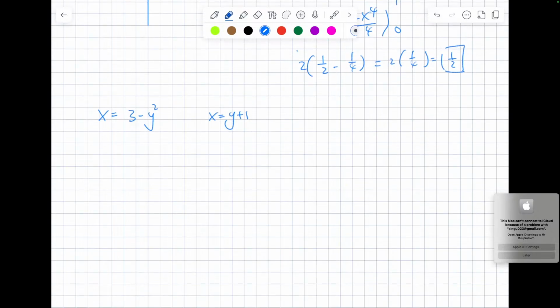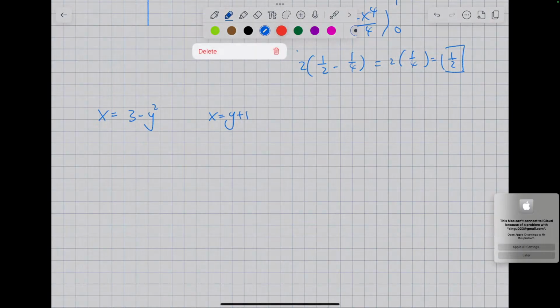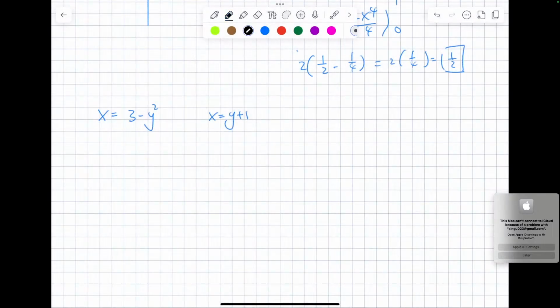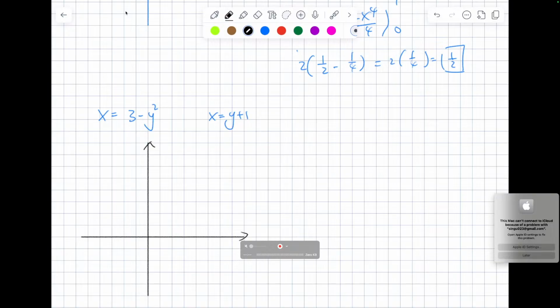So in this case, I'm going to guide you through it because you have to do it from the y perspective. You cannot do it from the x perspective. But first of all, how do I graph 3 minus y squared? What does the graph look like?